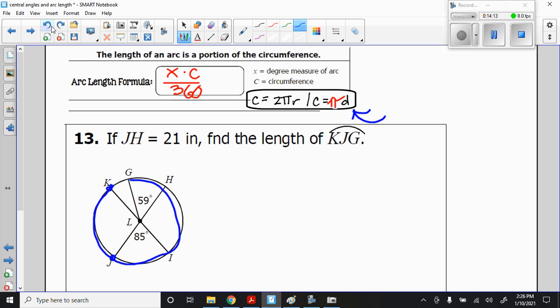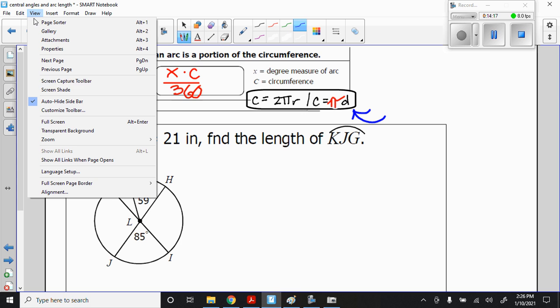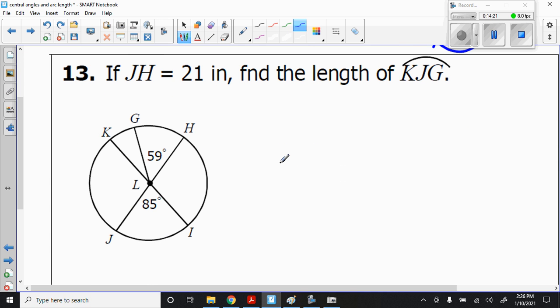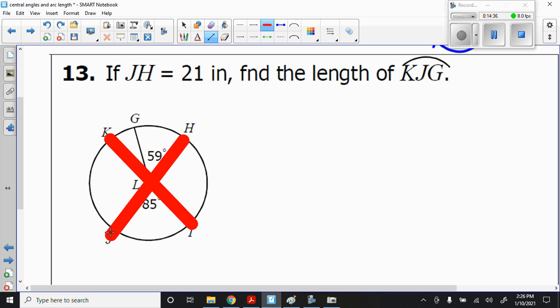All right, so let's start working with this picture and find some information about it. I'm going to zoom in. All right. So 59 and 85 look like they could be vertical, but they're not. Okay, let me show you what actually is vertical. What's vertical are these two straight lines.